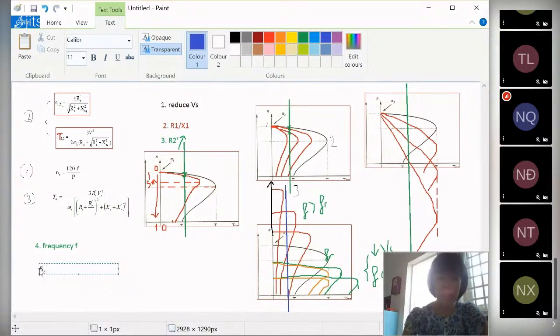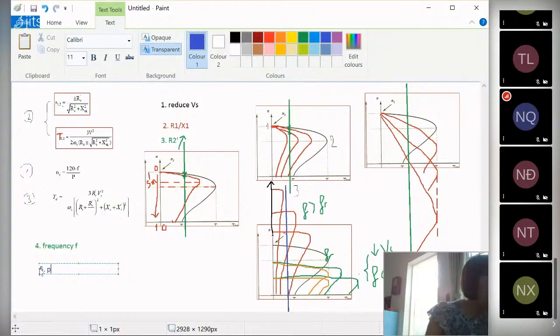Okay, the last one. You can change the number of poles. And how to change the number of poles?